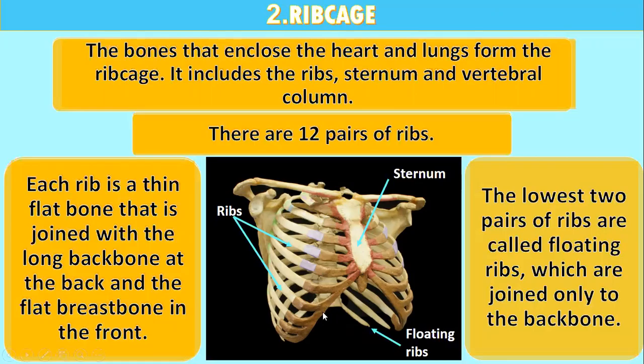Now, the lowest two pairs of ribs are called floating ribs because they are not joined to the sternum. They are joined only to the backbone. Now, some humans have one extra pair of ribs. They are called gorilla ribs.